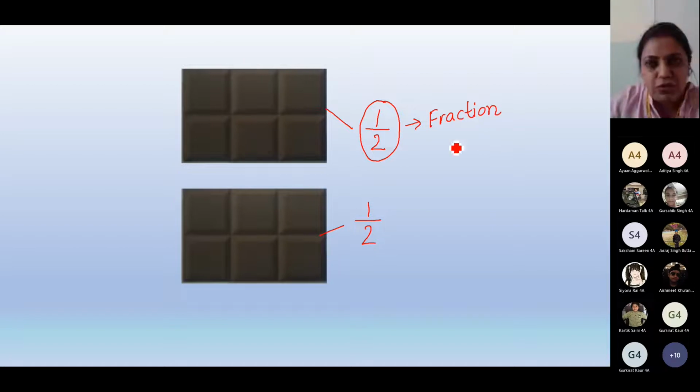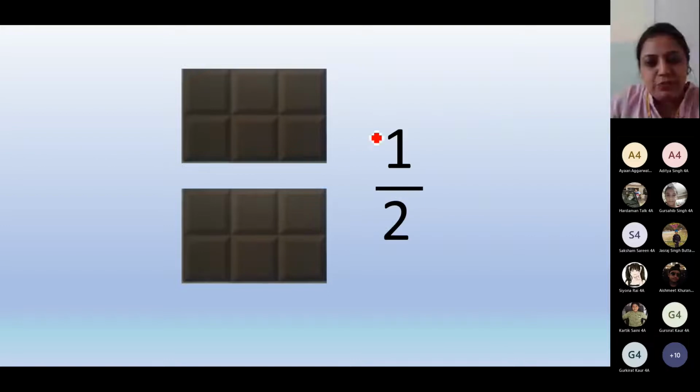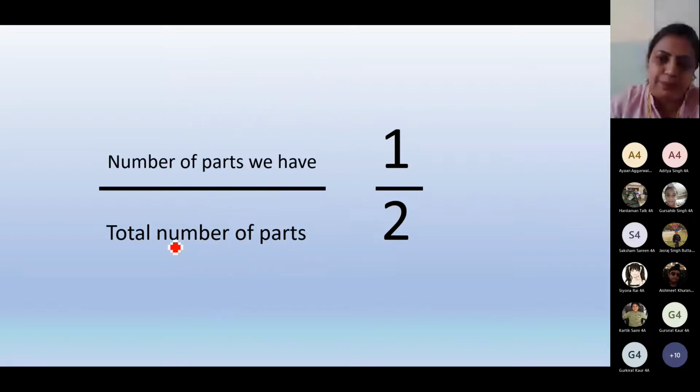A fraction consists of 2 parts, numerator and denominator. This is the numerator and this is the denominator. So each part is represented as 1 by 2. This is 1 by 2 and this part is also 1 by 2.